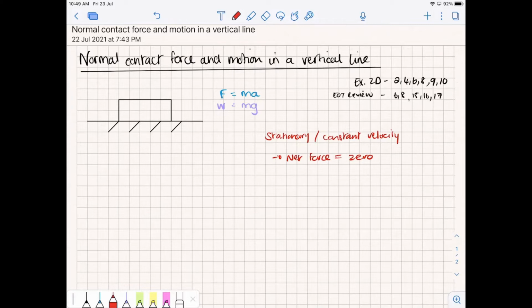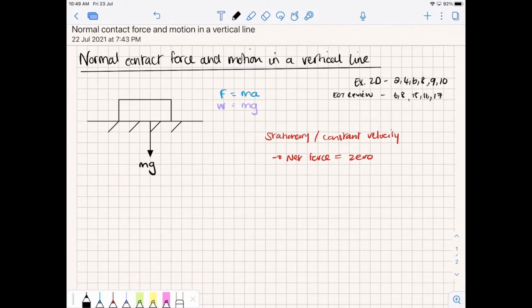So that begs the question, if we have an object, right, and this object is on a table, for instance, and this object has some weight, right? We know the weight of this object is its mass times the gravitational constant. If this object is sitting on the table stationary, right, we have to have a net force of 0, right?